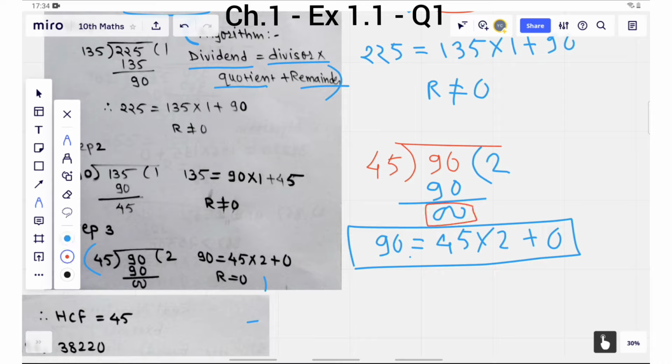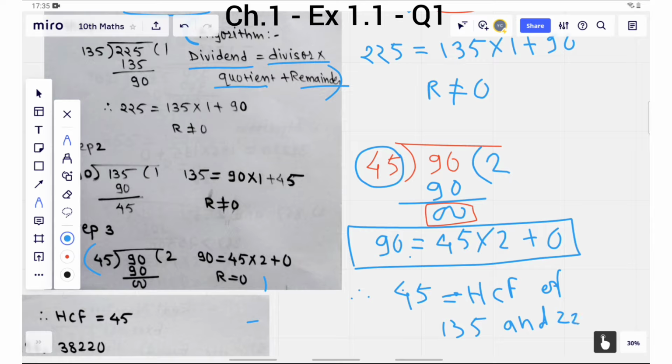If we get the remainder as 0, we know the divisor of that step will be the HCF of those two numbers, and therefore we got 45 as the HCF of the two numbers, that is 135 and 225. Okay, now we will see the next question.